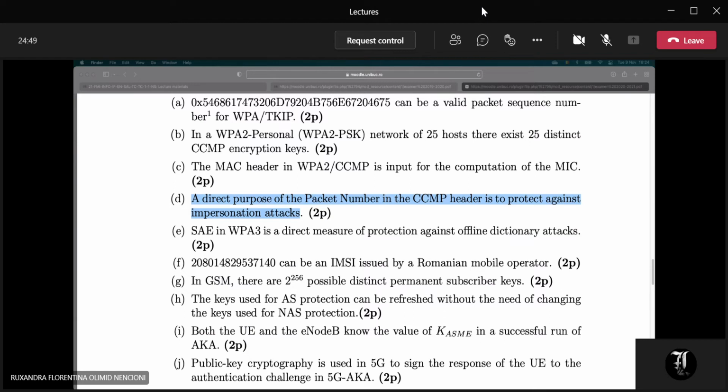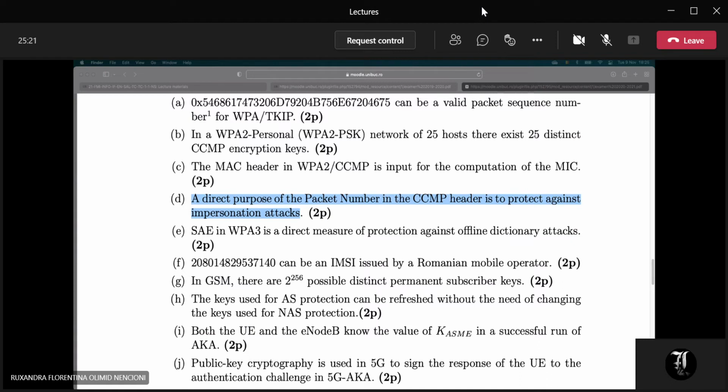Okay. Given that we have protection against replay attacks, we also have protection against impersonation attacks. That also might not work, because if the replay attack is one part of an impersonation attack, it doesn't say that I cannot have another impersonation attack that is not a replay attack and it's working. I might have an impersonation attack in a different way.